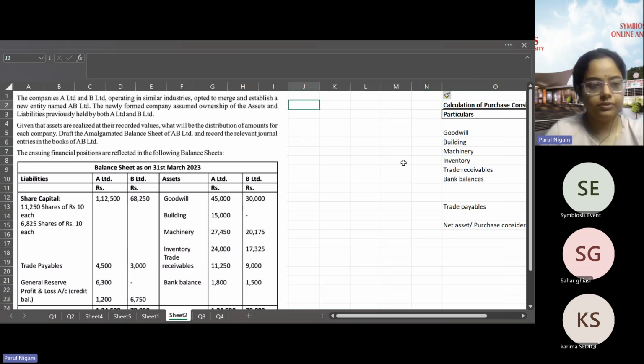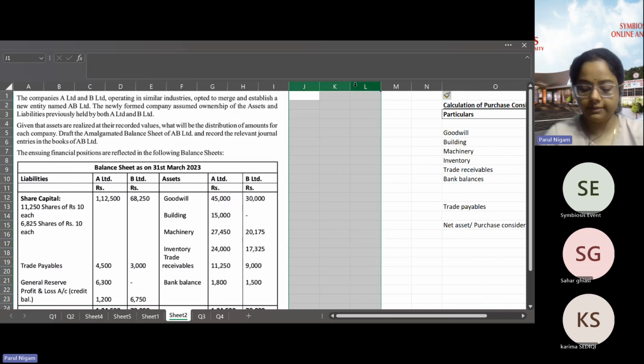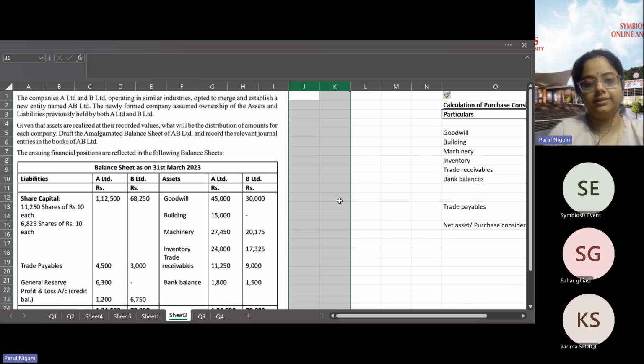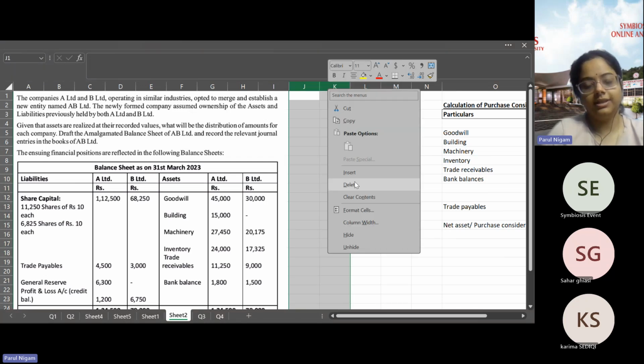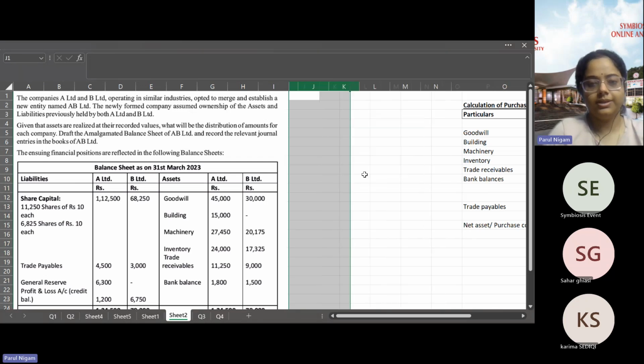Okay. So first of all, you need to calculate the purchase consideration. We have done it. Now we are going to pass the entries in the books of the final company, the company which is purchasing A Limited and B Limited.